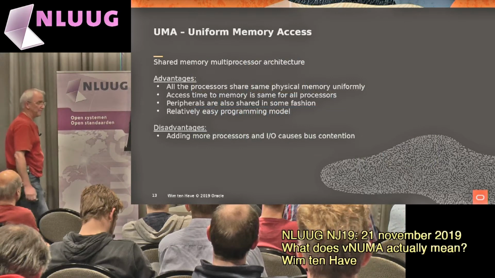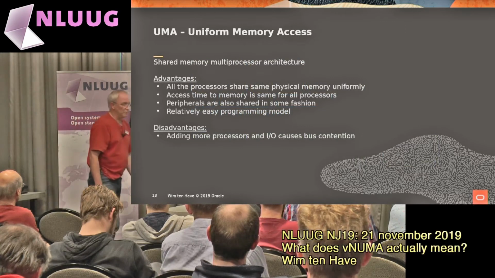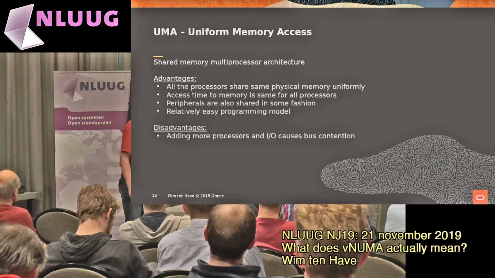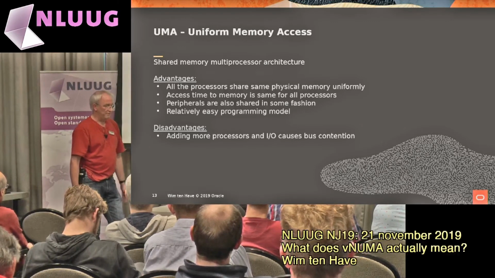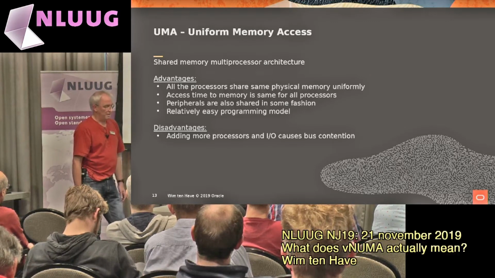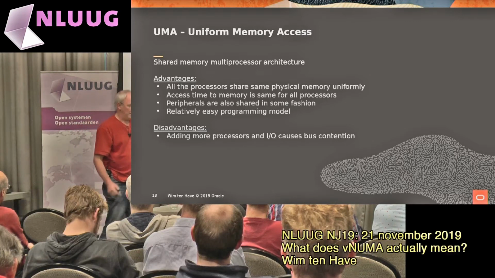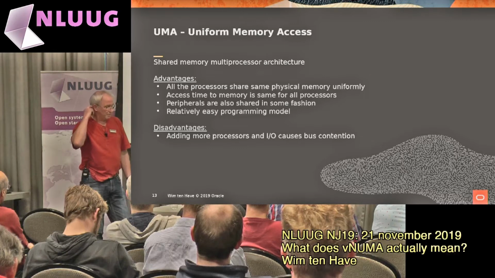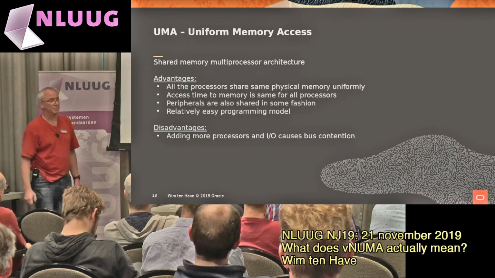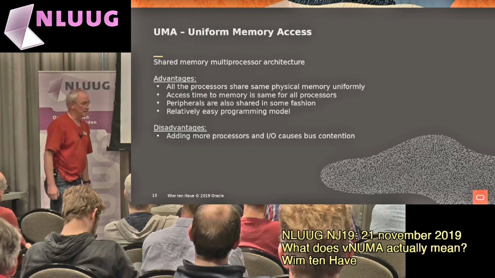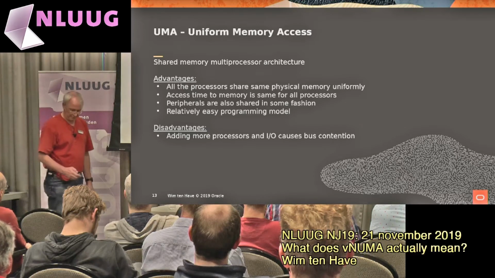The advantages for uniform memory access is that all the processors share the same memory, the timings are the same, peripheral timings and peripheral access is the same in some fashion, and it's a relatively easy programming model. There is a problem if you start to add more processors in case you need more CPU power, then you run into a problem of bus contention.